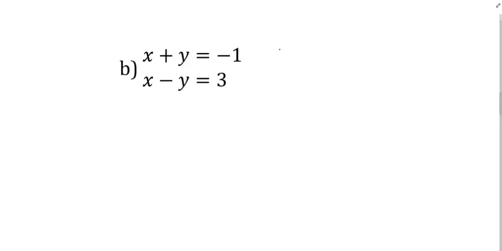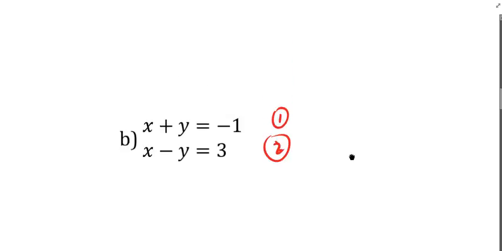So equation 1 and equation 2. Last time we subtracted, this time we're going to add. Notice, like I said, these ones are very friendly. They're not always this easy, just because we've just started. For this one, if I added, I'm going to get 2x again, but the y's will eliminate. If I subtract, the x's will eliminate, and I'll get 2y. So it's very similar to the first example.